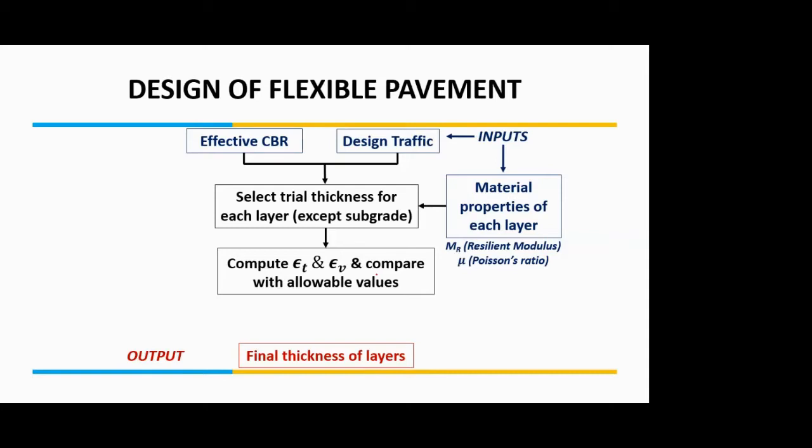In the same way you do it here. If your strain values are within the allowable limits, then you can adopt the trial thicknesses as the final ones, and if not, you can revise them. I also told you that revision can be done in two ways: either you increase the thickness or you change the material properties.